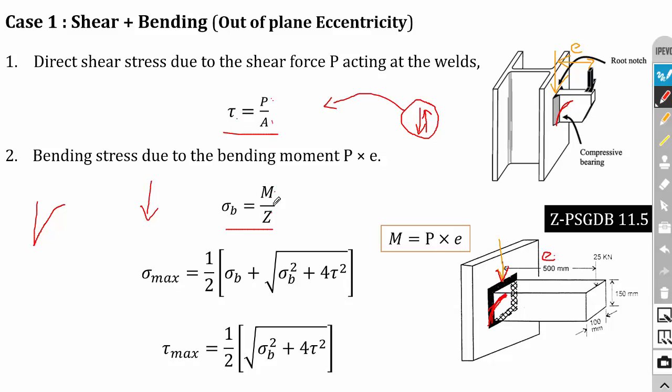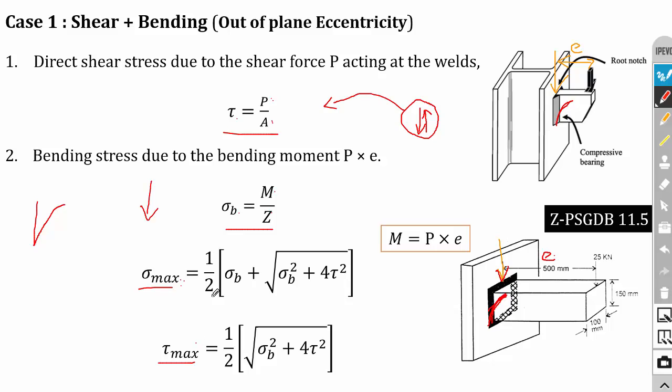The primary stress is tau and the secondary stress is sigma B. We have to calculate the maximum normal stress and maximum shear stress. Here it is a combination of normal and shear stress, so we can use the principal stress equation.